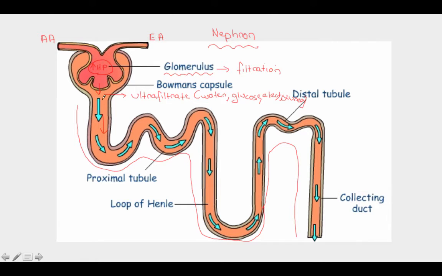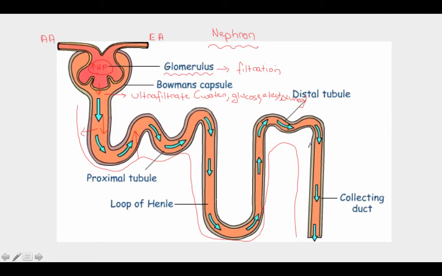And if the body realizes that it wants to maintain or retain some of the contents of the ultrafiltrate, it's able to reabsorb those contents from the tubules back into the peritubular capillaries. Equally, if there's extra things that the body wants to get rid of from the blood, it secretes things from the peritubular capillaries into the tubules.